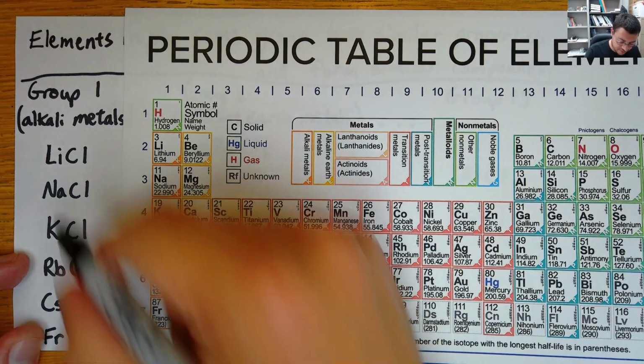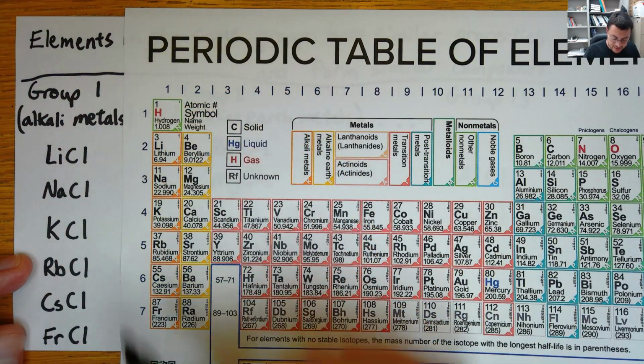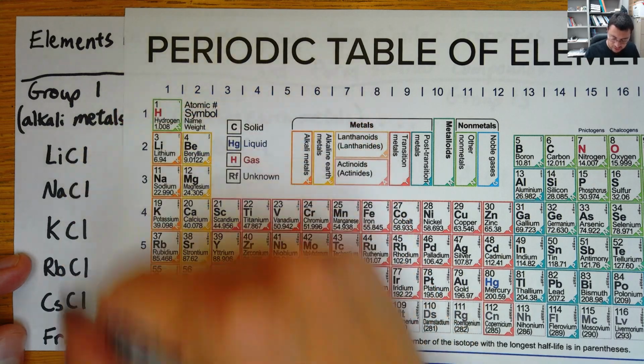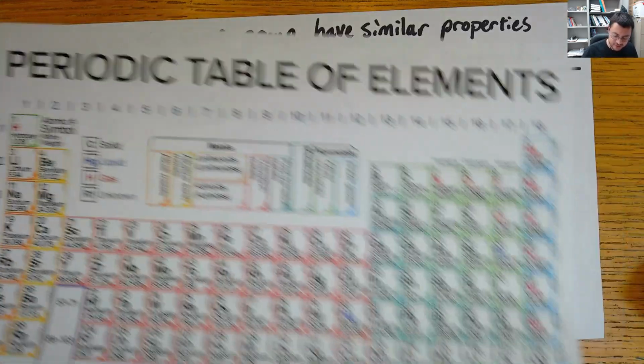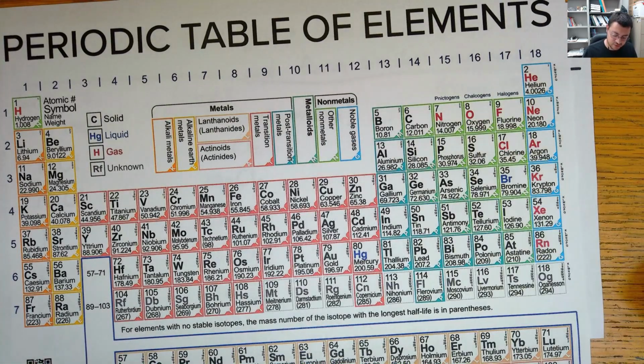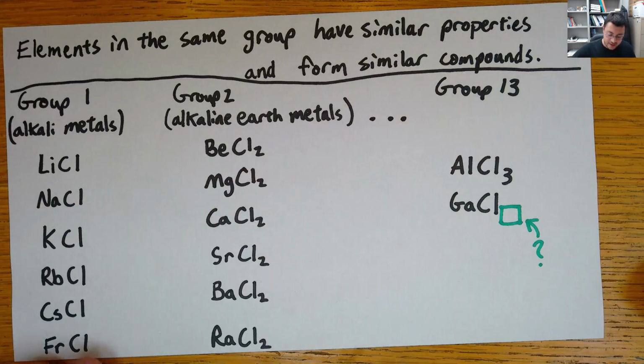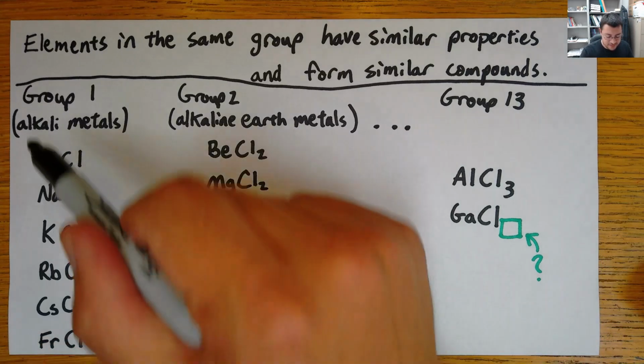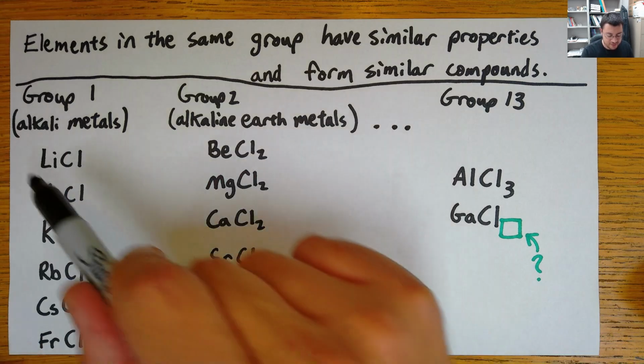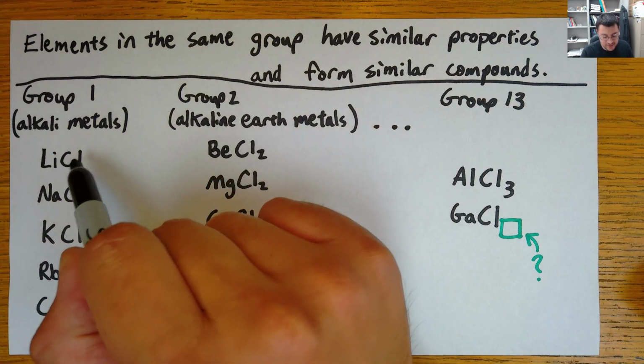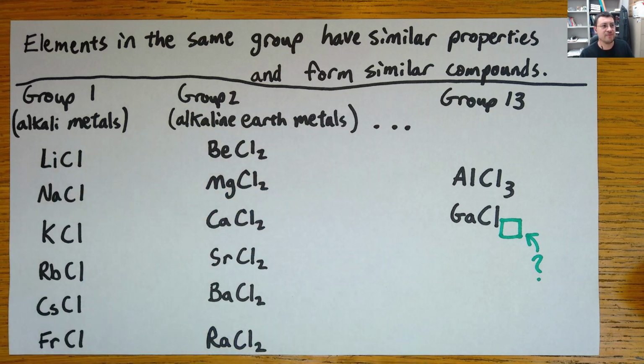So we have 1 of each metal, and then 1 of each chloride. If you're curious where chlorine is, there it is. The point I'm trying to make is that all these compounds with the alkali metals have 1 each of the metal and the chlorine. It has that same repeat behavior.